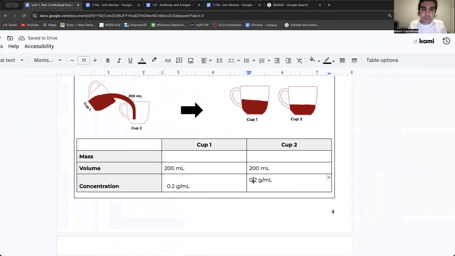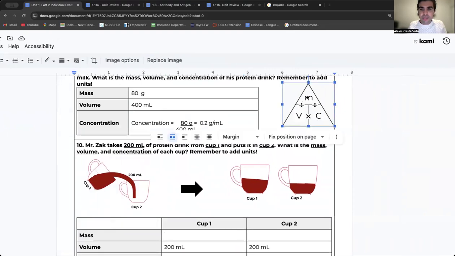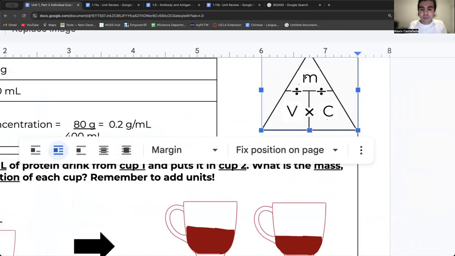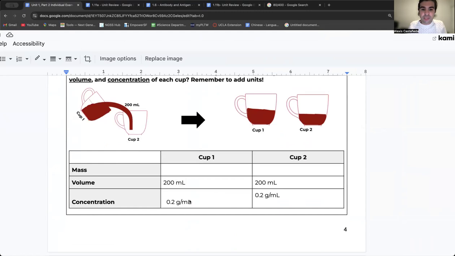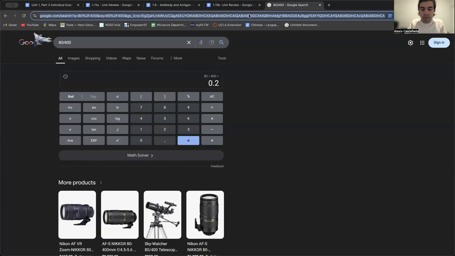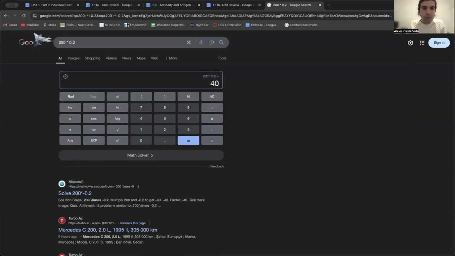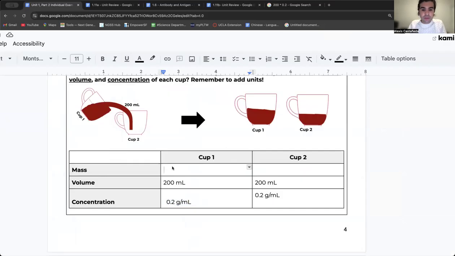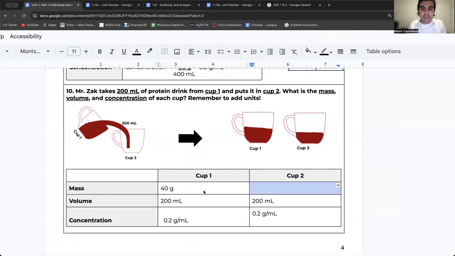Then to find the mass, I have to use the concentration triangle. I cover the M with my finger, and I'm left with mass equal to volume times concentration. Volume in this case is 200 milliliters, multiplied by the concentration, which is 0.2. So 200 milliliters times 0.2 is 40. We have 40 grams of protein in cup 1.